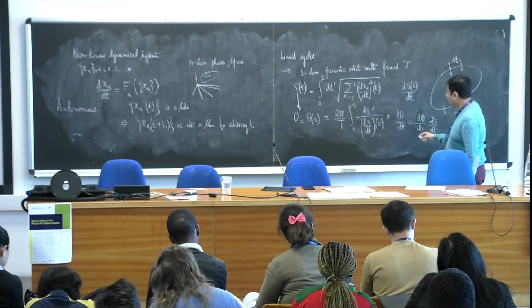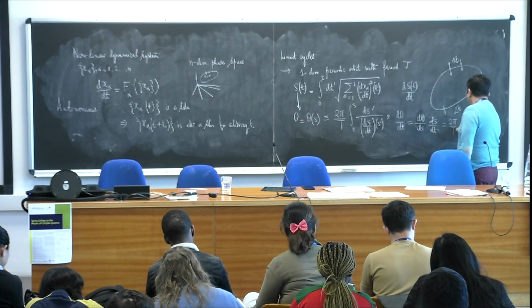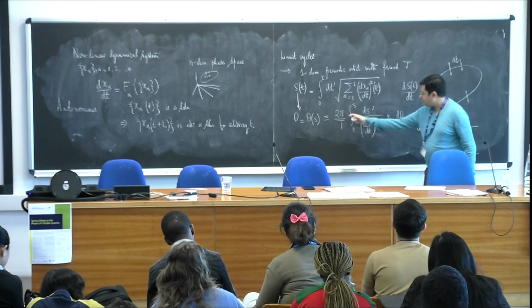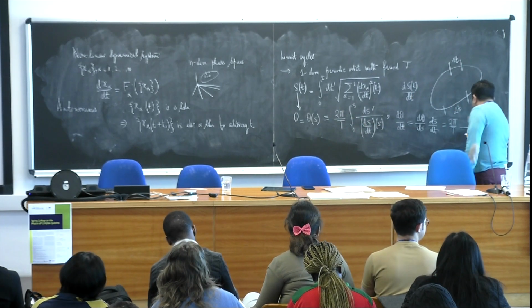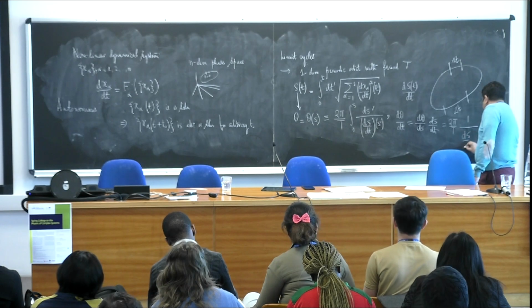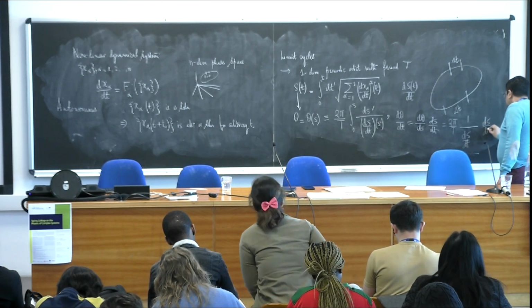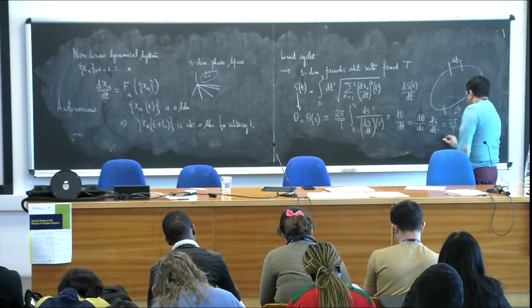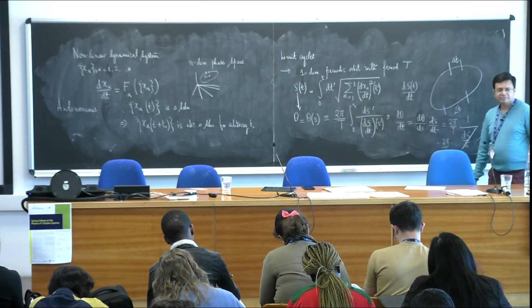So d theta ds will give me twice pi by T times the integrand evaluated at s, which is 1 over ds dt. But then there is another ds dt hanging here, so these cancel. So what you get is twice pi by T. Fine?